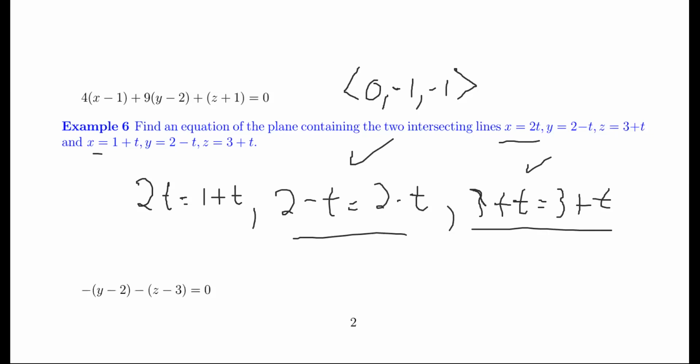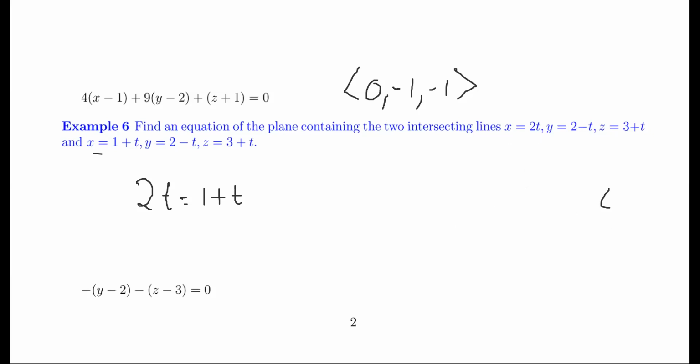So really, we just want the first equation. We just need to find a value of t that satisfies that equation. So 2t is equal to 1 plus t, or in other words, t is equal to 1. If we plug in t equals 1 into either of these equations, we will get the point 2, 1, 4.